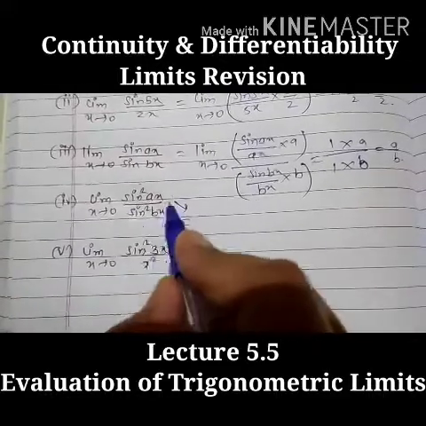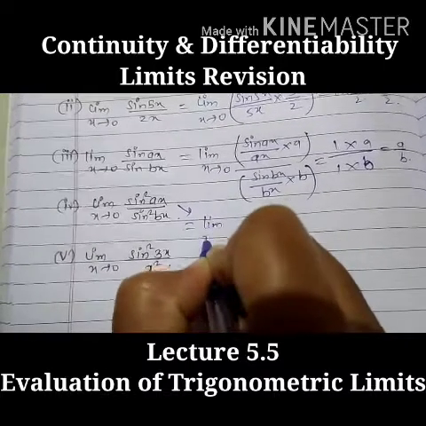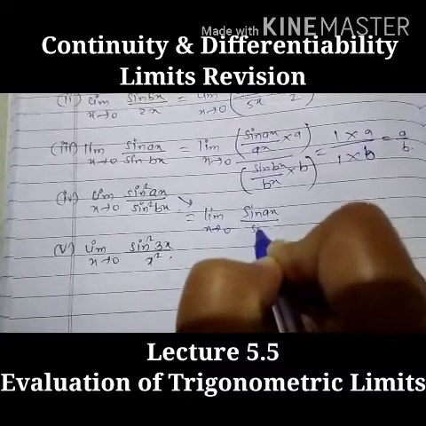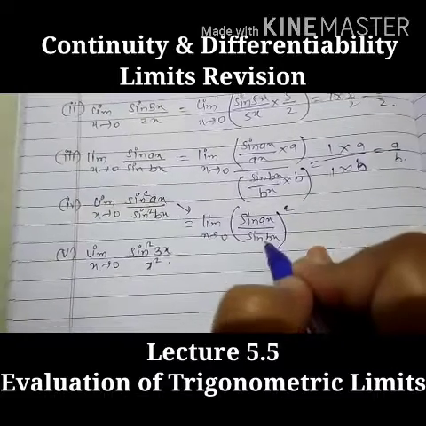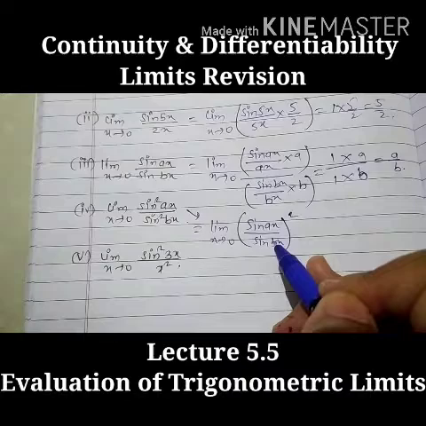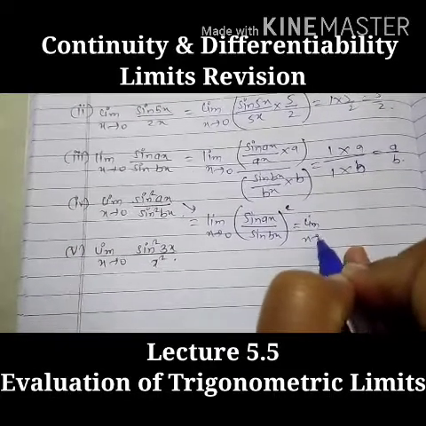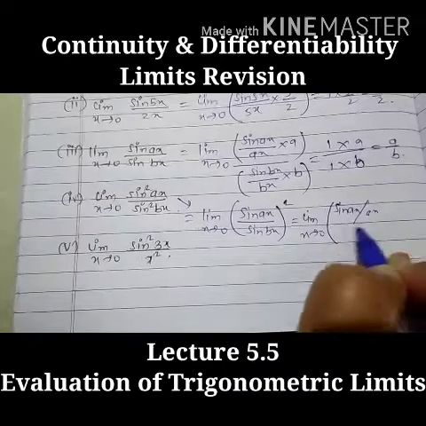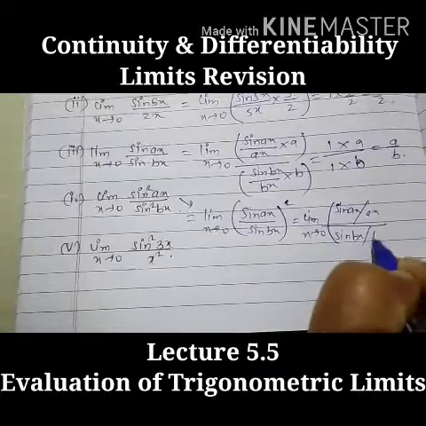Now the next we'll see. Here sin square ax upon sin square bx is given. So what we'll do? Limit as x tends to 0, sin ax upon sin bx whole square. The same thing we did in the previous question we'll do here, but only the square is there. So it will be equal to limit as x tends to 0, sin ax upon ax and sin bx upon bx.